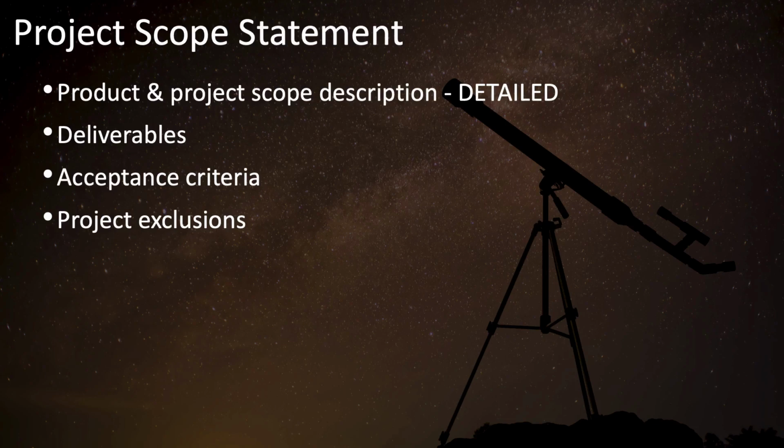Now, of course, a lot of this material is already found in the requirements documentation, so it doesn't have to be duplicated here. It can be referenced from here. So the project scope statement may have many references to the project requirements documentation and the requirements traceability matrix.